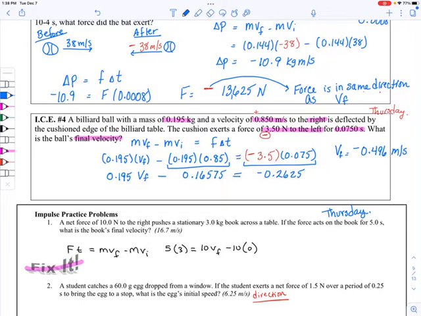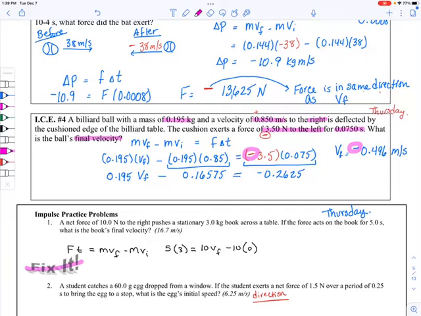And that should make sense because the final velocity and the force have the same sign. Remember, we mentioned in class that the direction of the force is always going to be in the same direction as the final velocity. Okay?